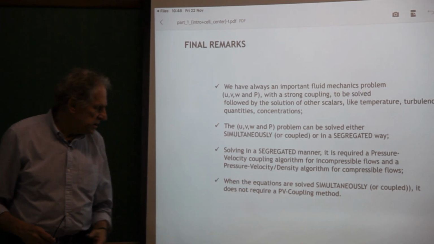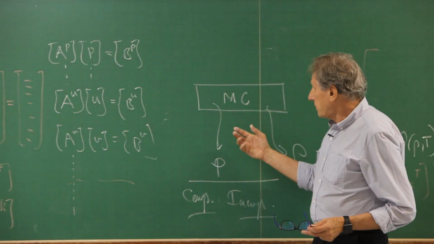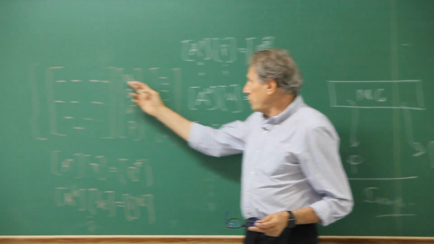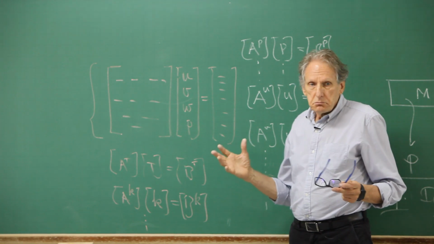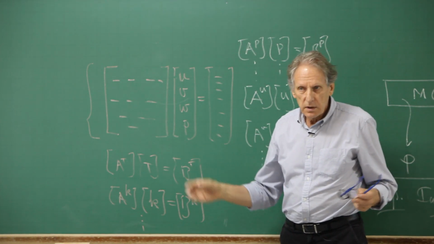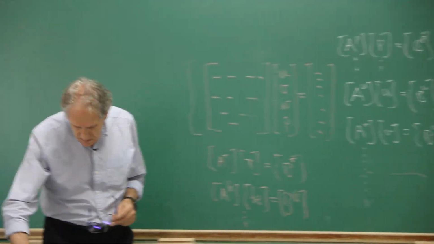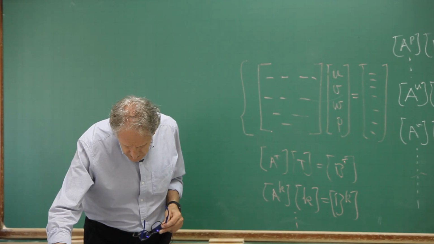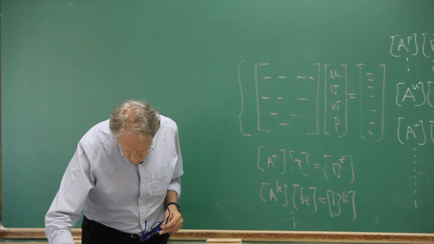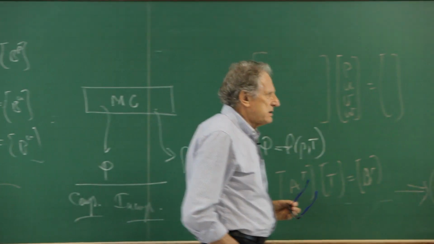When the equations are solved simultaneously, or coupled, it does not require a pressure-velocity coupling. Of course, if you solve U, V, W, and P together, there is no need for SIMPLE, SIMPLEX, SIMPLER, or any other method. So the simultaneous solution appears like that.